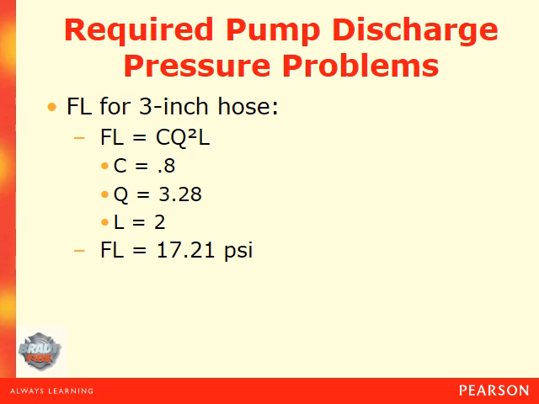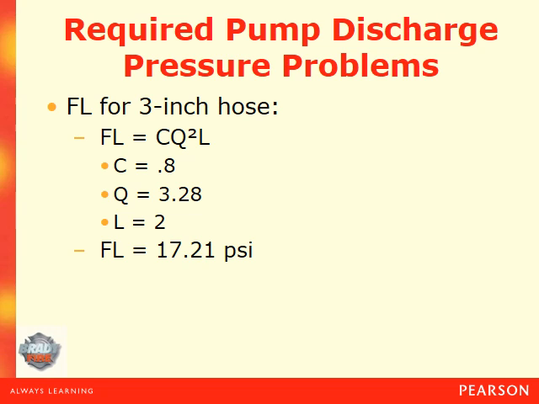Now we figure the friction loss for the 3-inch hose. The friction loss formula is still the same: C, the coefficient, times the gallons per minute divided by 100 squared, times the length of hose divided by 100. Our coefficient from the chart is 0.8. Our gallons per minute are still 328, so that gives us 3.28 for Q. And now our length of hose is going to be 2.